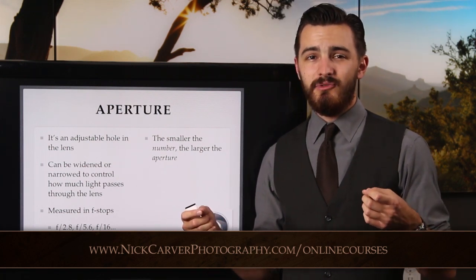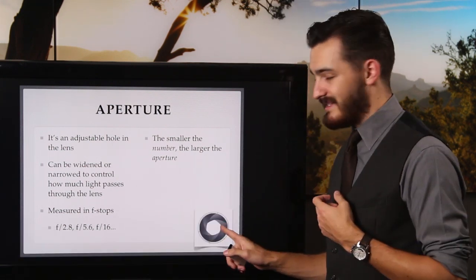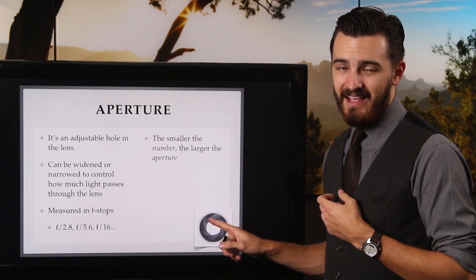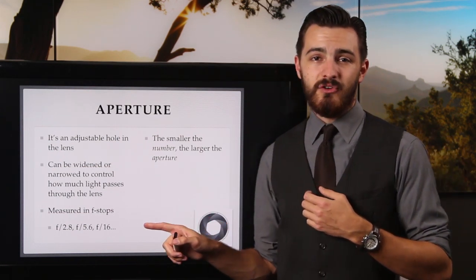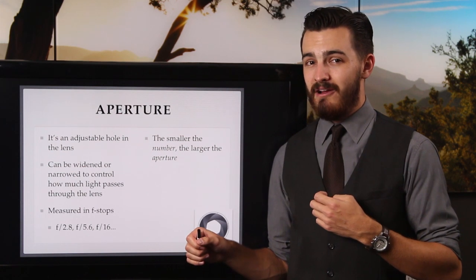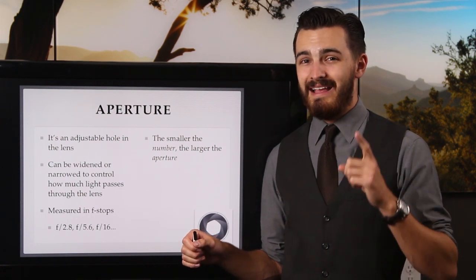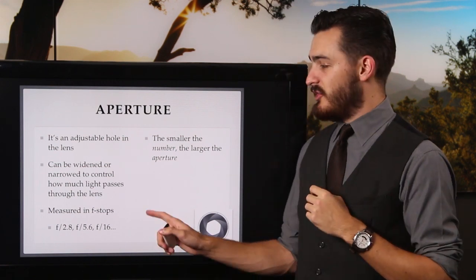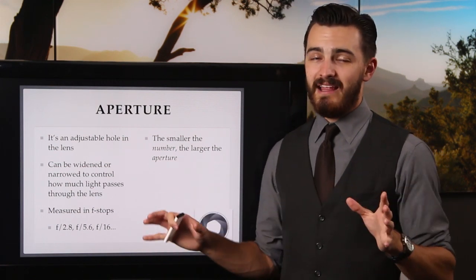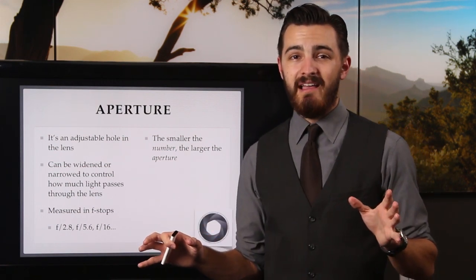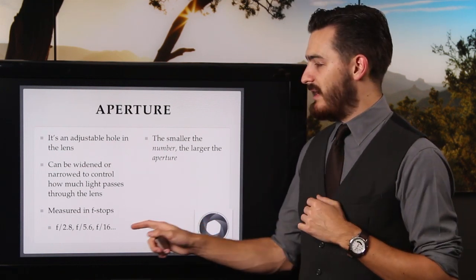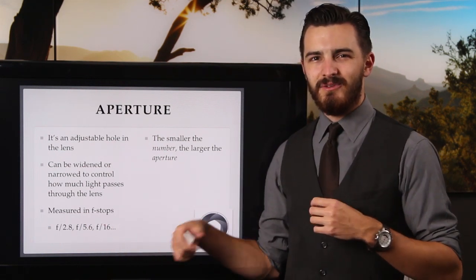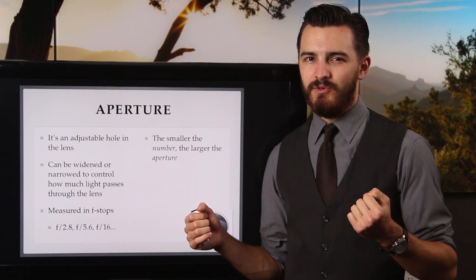That also takes into account the area of a circle, because that's what you're dealing with here. And anytime you deal with the area of a circle, you're dealing with pi r squared, and anytime you're dealing with pi and anything squared, you start getting some weird numbers. You don't need to know that formula. It's not going to help your photography at all, so I haven't covered it in this course. But that's why the numbers don't seem to have much rhyme or reason to them.